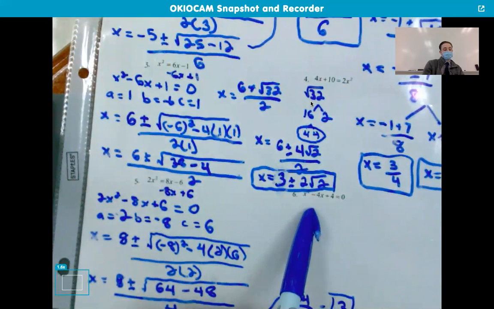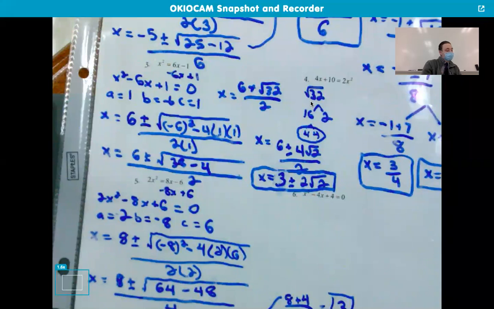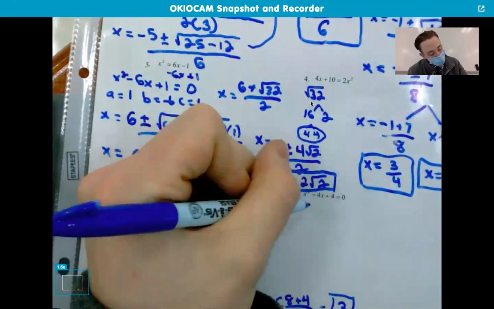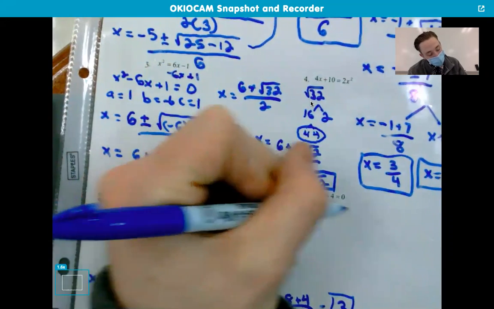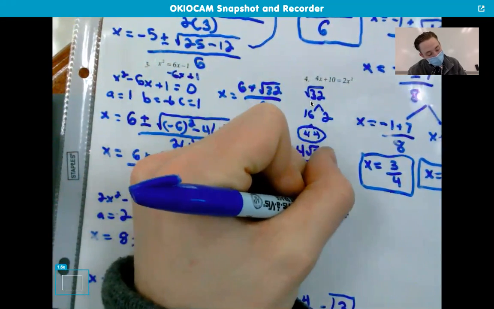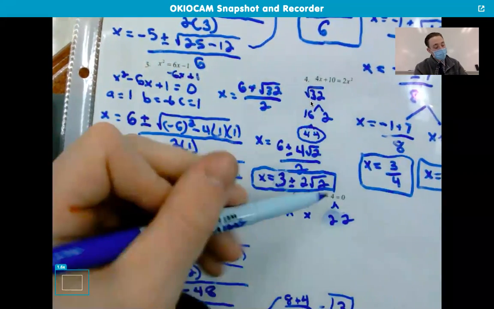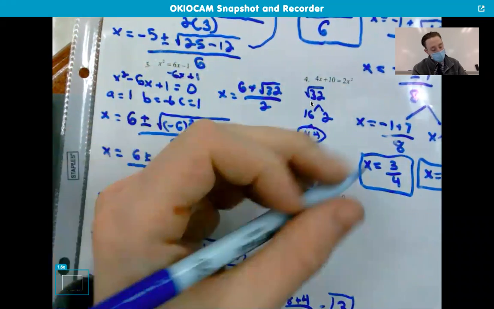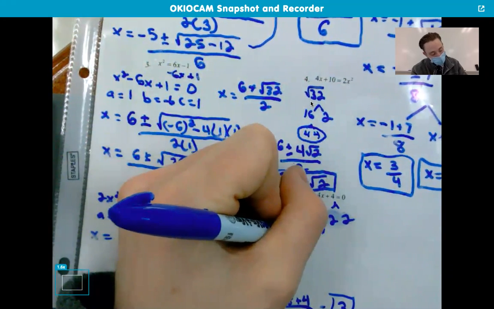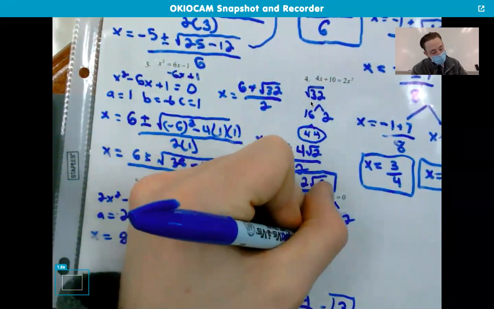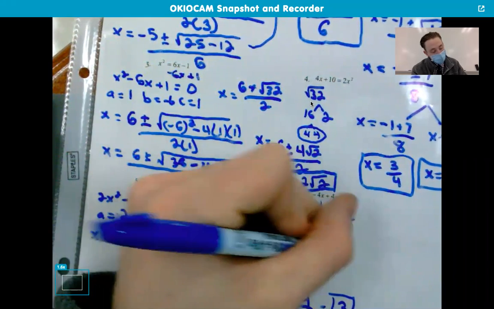I don't have a GCF, but I do have a special pattern here. Because remember, I can break x squared up into x times x, and 4 down into 2 times 2. And then I want to check my middle term there. I'll have negative 2 times 2x, which is negative 4x, and that works out.